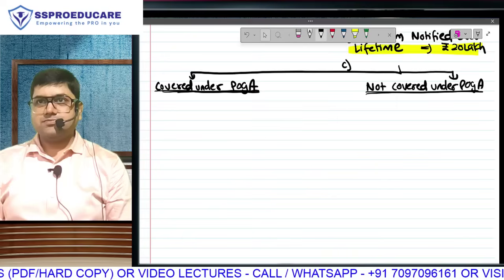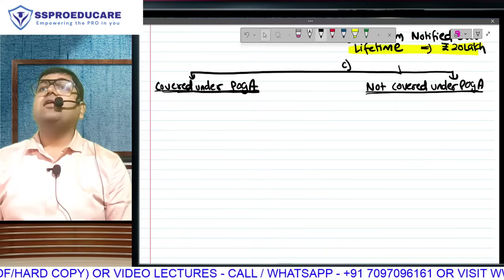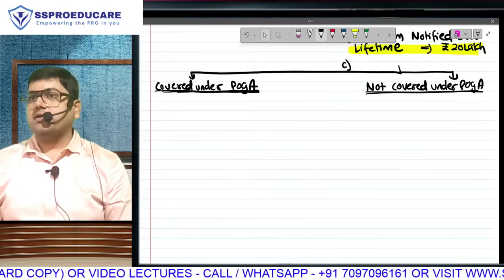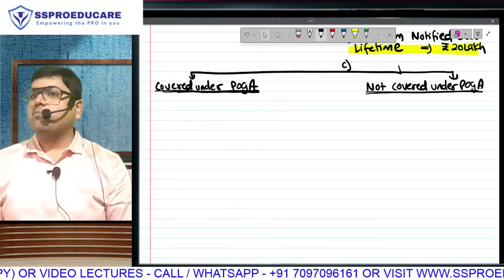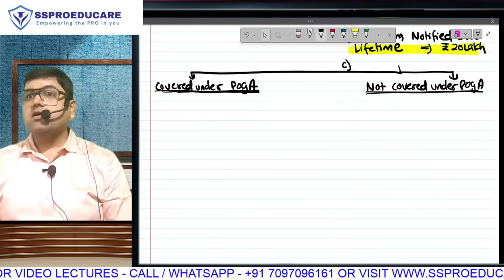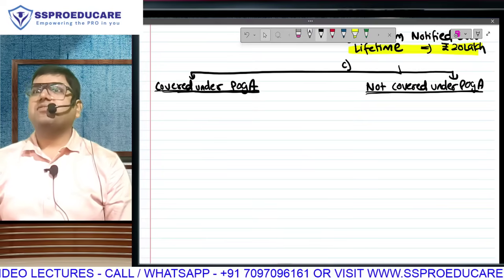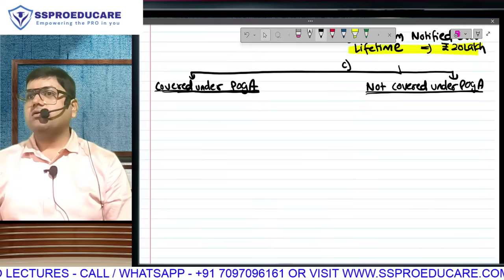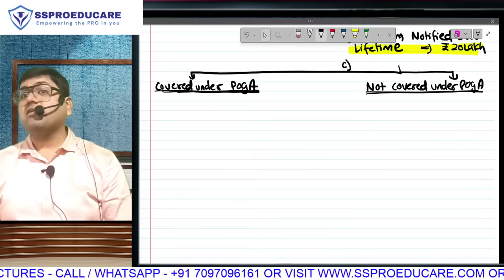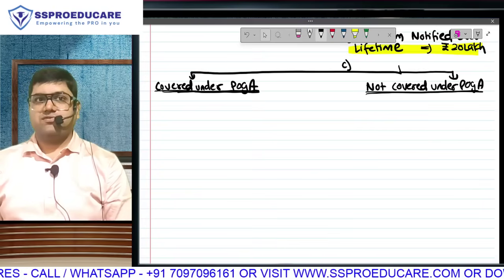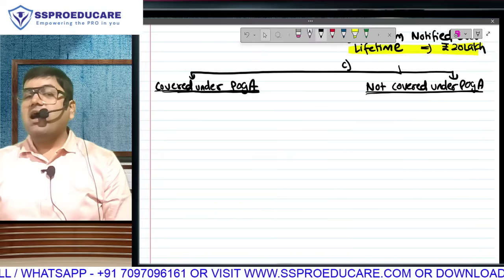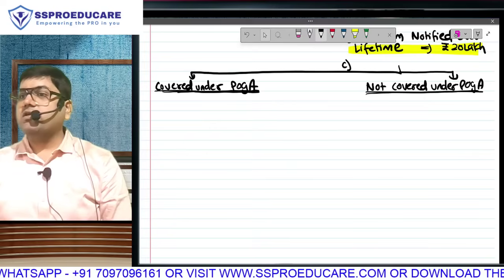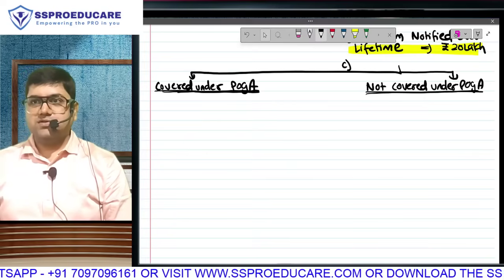POGA says whenever an employee retires, give him half month ka salary for each year of service.